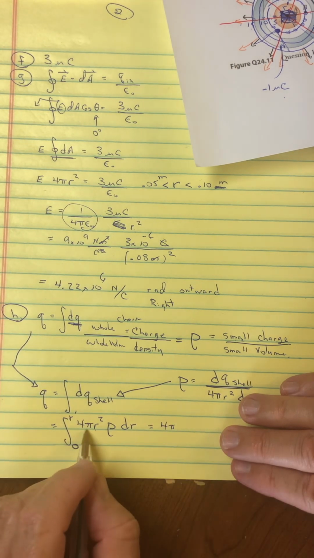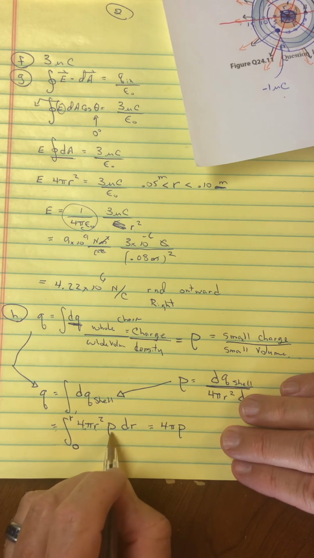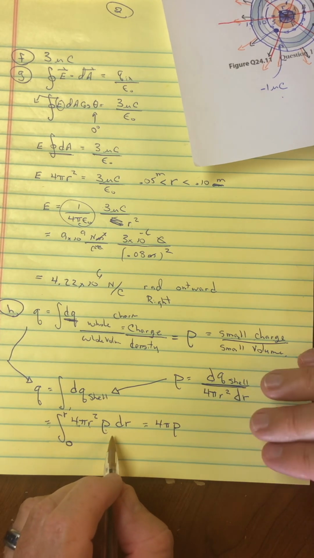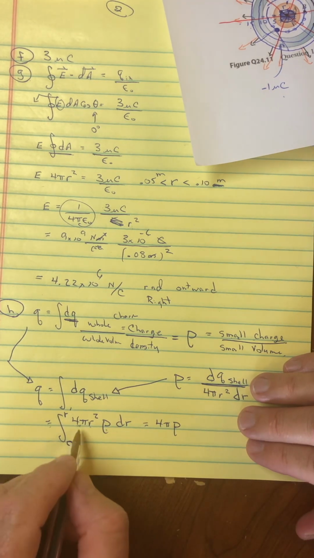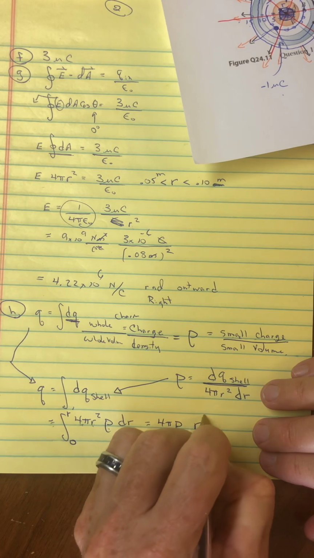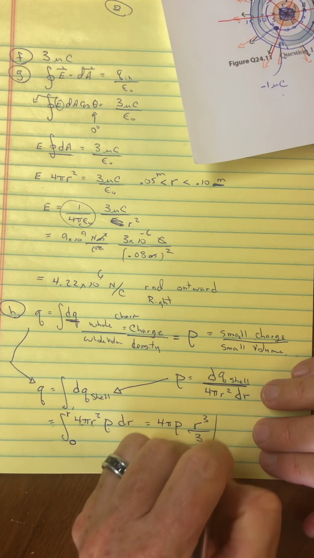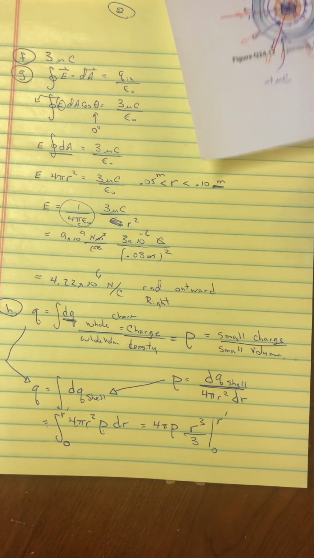And I'll take the 4 pi out in front, and there's a magical step. The charge density is a constant. I can pull that in front. Because then I have just an integral of r squared dr, which becomes r cubed over 3, and I'm going to add them up from 0 to r prime.